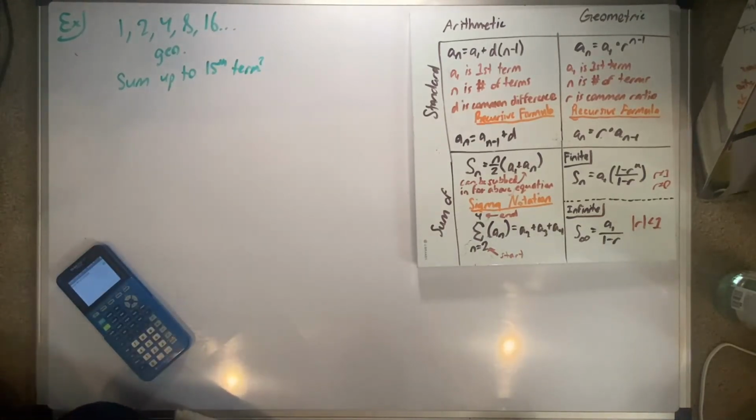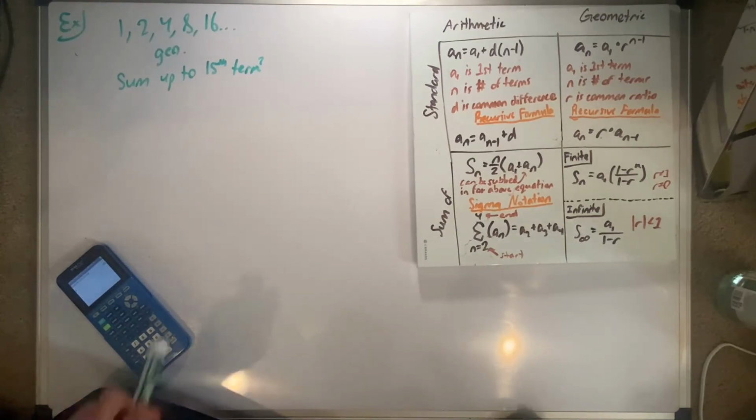So we want to find the sum up to the 15th terms. This is our finite series. We have to stop at a finite number because our common ratio is larger than 1 or smaller than -1. So basically, it won't peter out to nothing. It will go to infinity if you let it go to infinity.